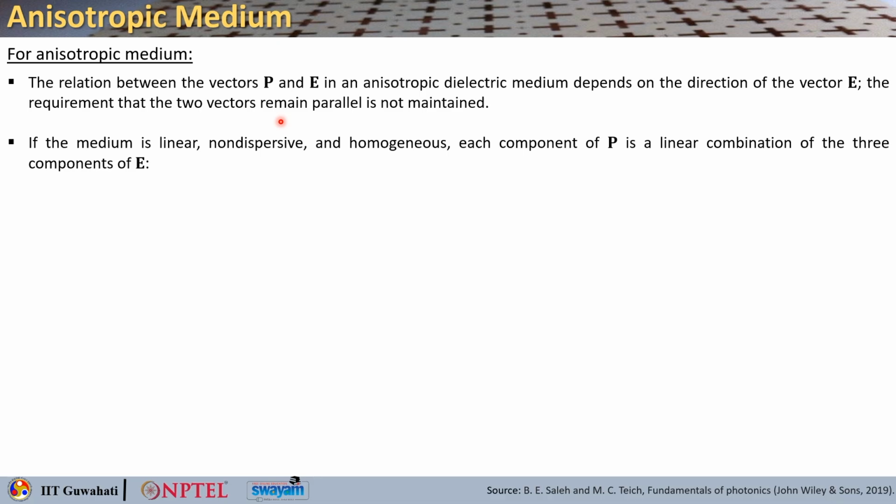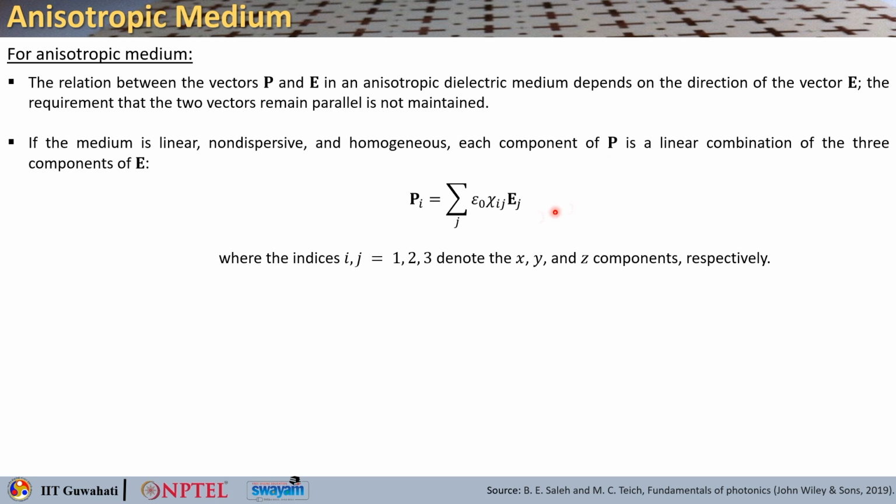If the medium is linear, non-dispersive and homogeneous, but anisotropic, each component of P is a linear combination of the three components of the electric field. So you can write Pi equals sigma over j epsilon naught chi_ij Ej. Each component of P, that is Pi, will depend on the three components of E_j. Here i and j are 1, 2, 3, which indicate x, y and z.